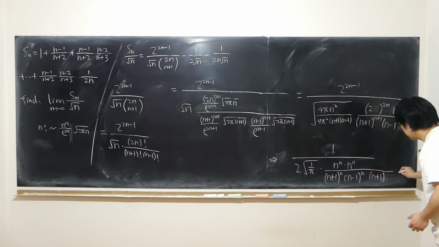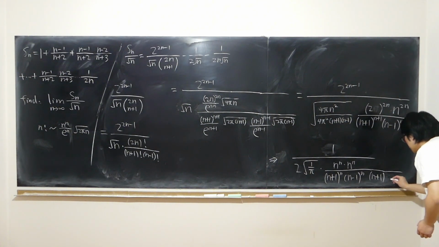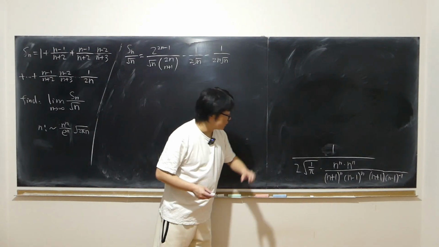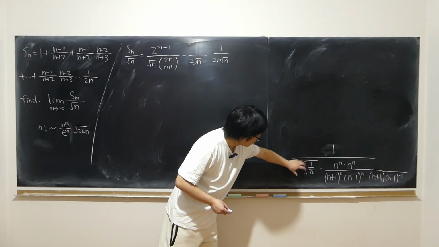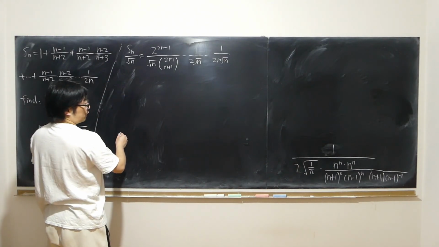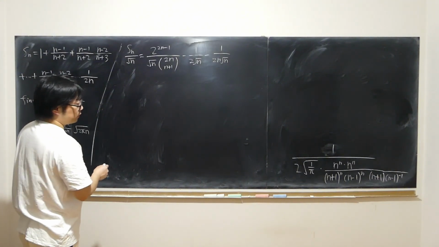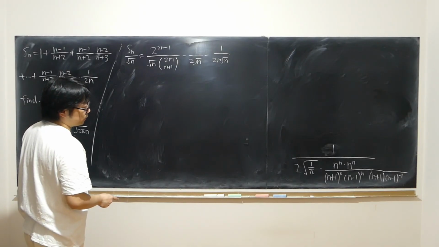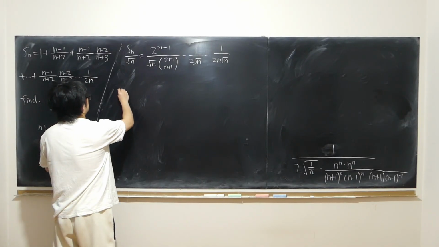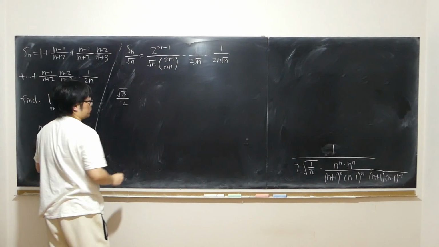I put the minus 1 here. So it comes down to calculating this limit. First, let me just flip this one, because it's 1 over this one. So all I have to focus on is here. Initially it's 2 over square root of pi, so this time I say square root of pi over 2, flipped.